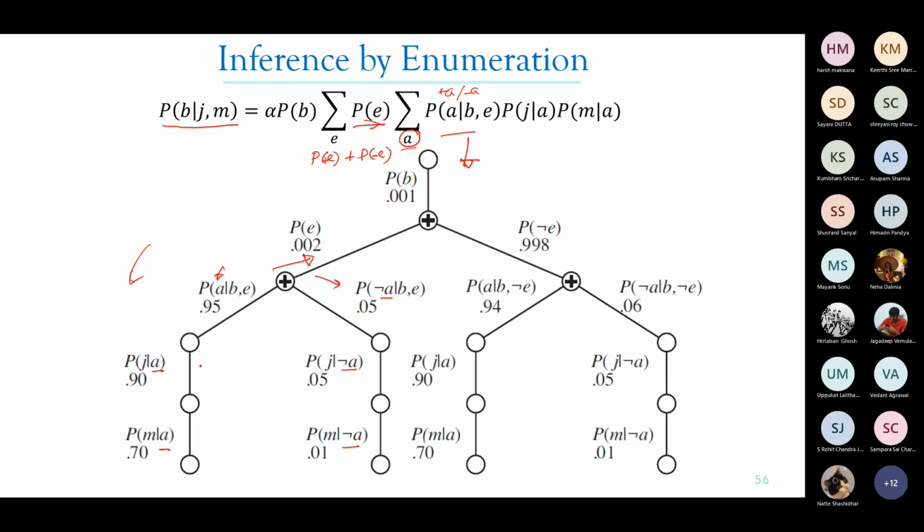The thing that I want you to observe in this kind of computation tree is that certain parts of this computation tree are being calculated time and again. So for example, this product, you can see, is computed twice, here and here.